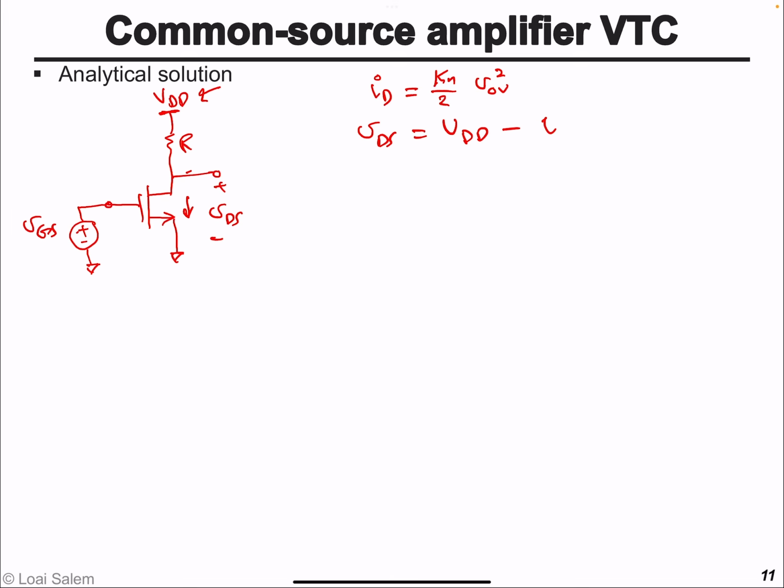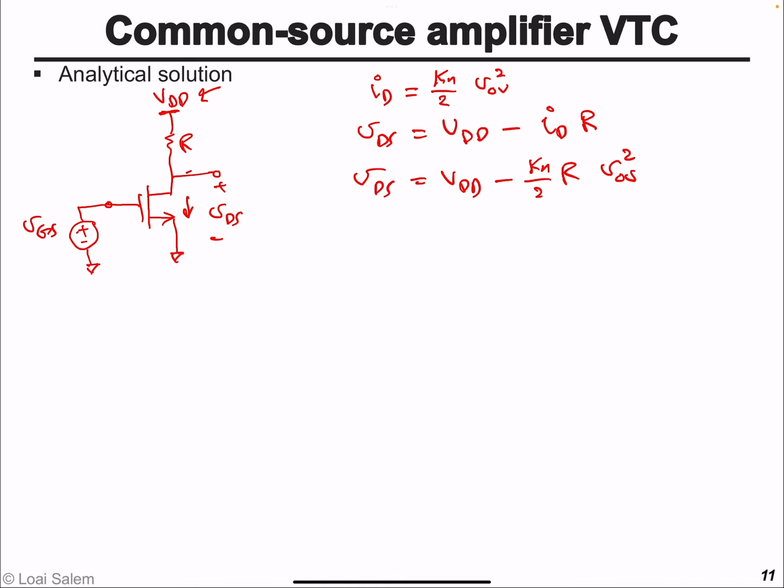So we have ID times the resistor R. So basically we have VDD minus Kn over 2 times the resistor R times V overdrive squared. So that's the expression for the output voltage.